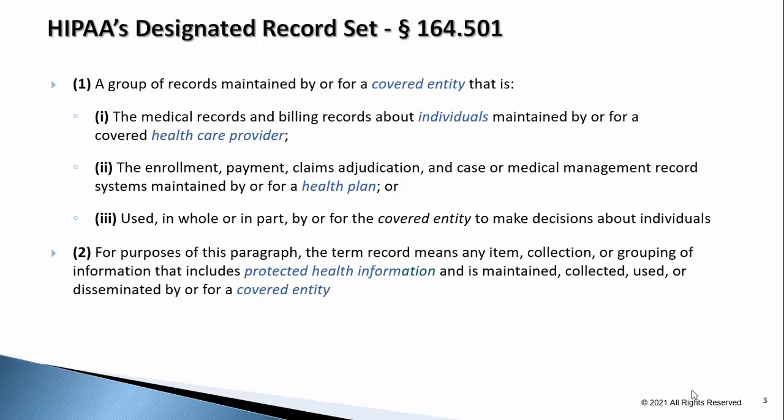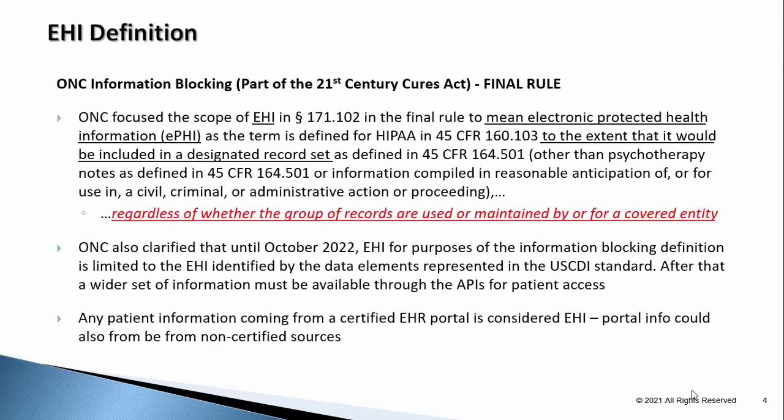So HIPAA has had this designated record set definition for quite some time, and it can be confusing, but it's now also going to be used within the definition of electronic health information, which is a part of the 21st Century Cures Act under the Office of the National Coordinator of Healthcare IT, or ONC's, Information Blocking Final Rules.